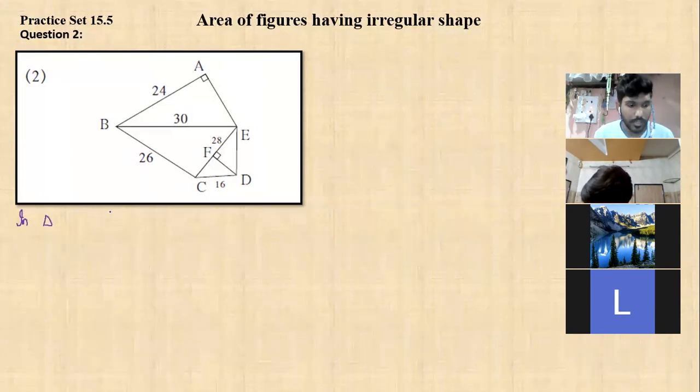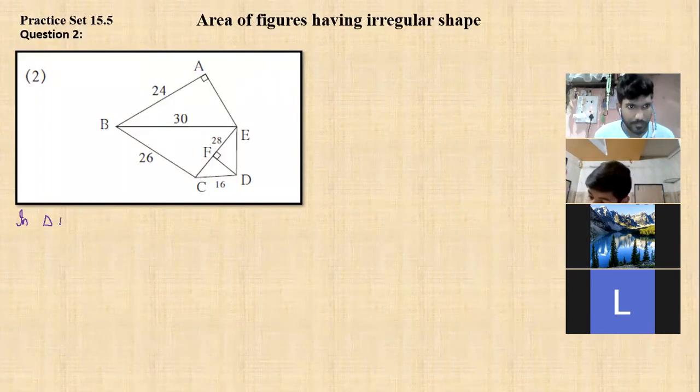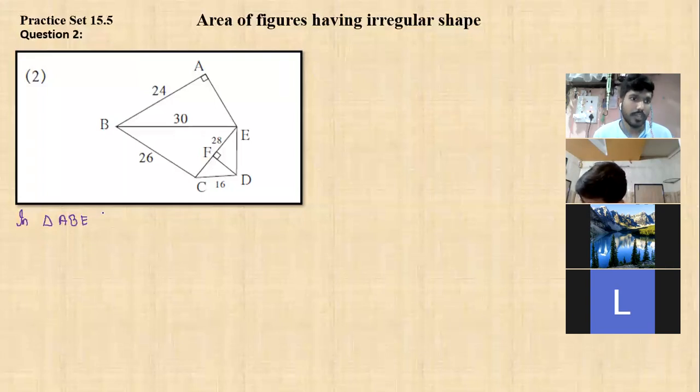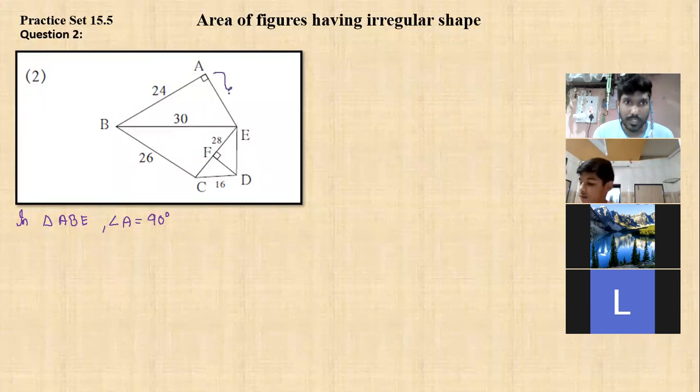First, in the figure, look at triangle ABE. In triangle ABE, angle A is 90 degree. So we can use Pythagoras theorem and find out the side AE.